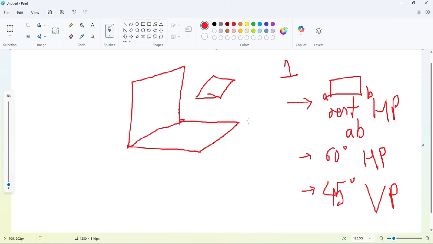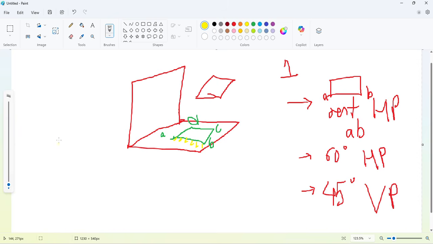So for example, let us assume for the first condition, this is our rectangular plane ABCD. This plane is resting on HP, and for the second condition, this is the resting edge AB.